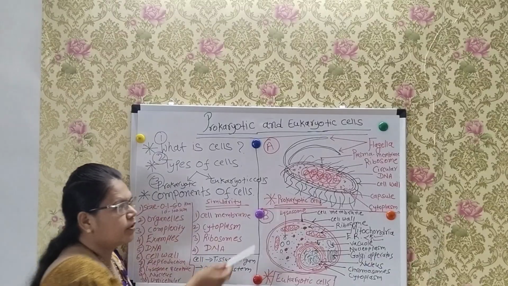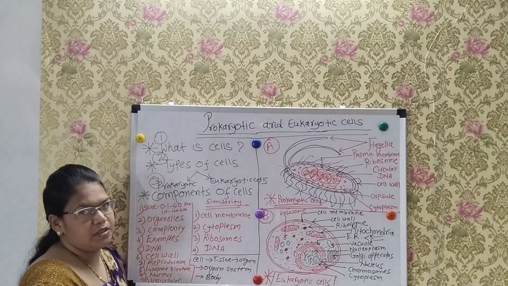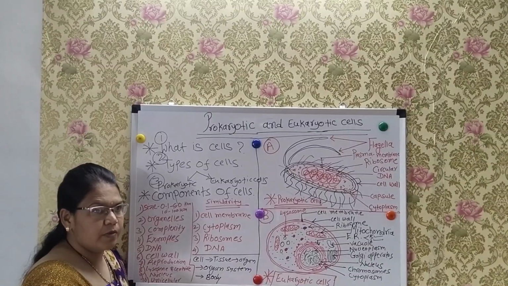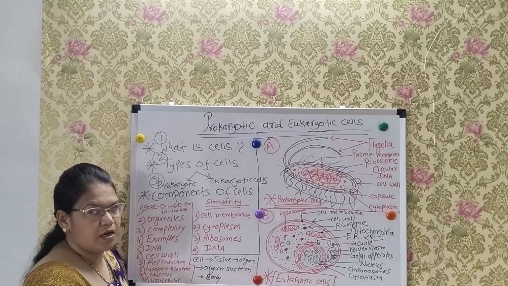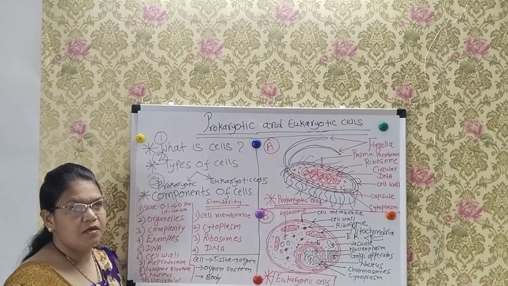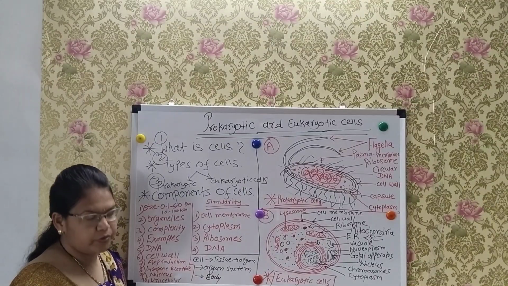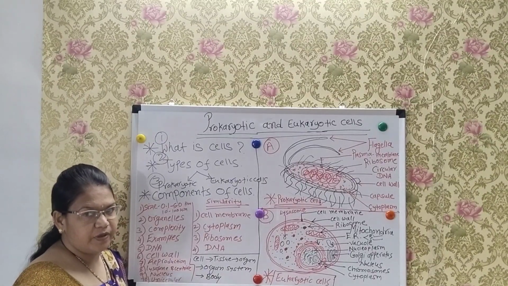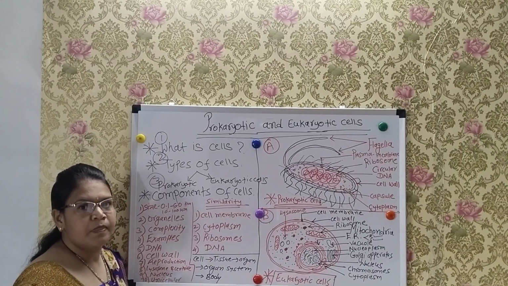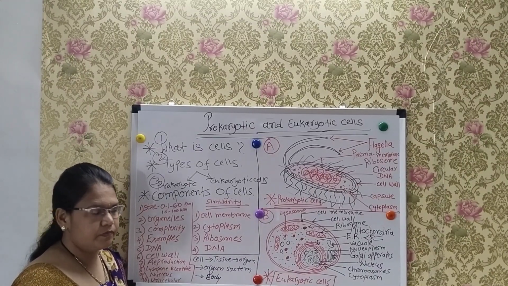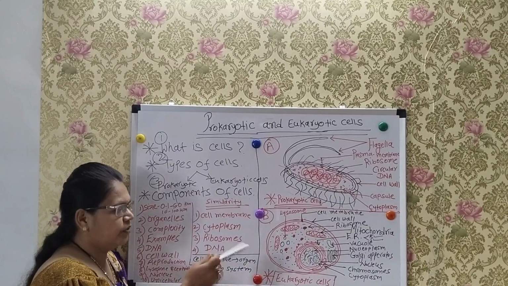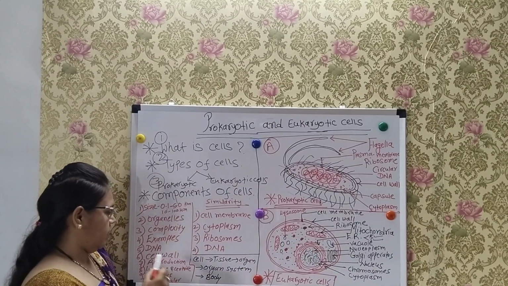Bacterial cells are prokaryotic cells, and unicellular organisms and also multicellular organism cells are eukaryotic cells. Like the examples: protozoa, porifera, all invertebrates and vertebrates, plants, animals, fungi, more examples of eukaryotic cells.